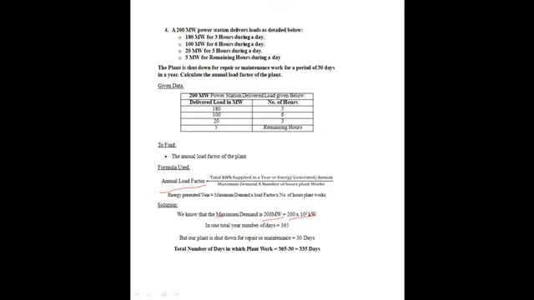In one year, the number of days is 365, but our plant is shut down for repair or maintenance for 30 days, so we have to subtract 365 minus 30. That is the total number of days in which the plant works: 335 days are the days in which the plant works.